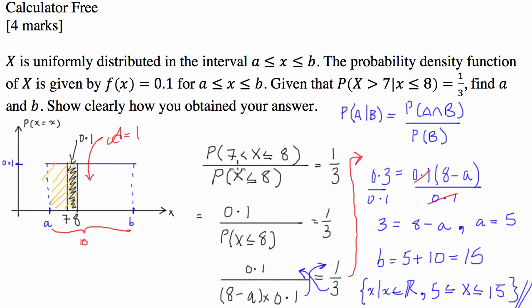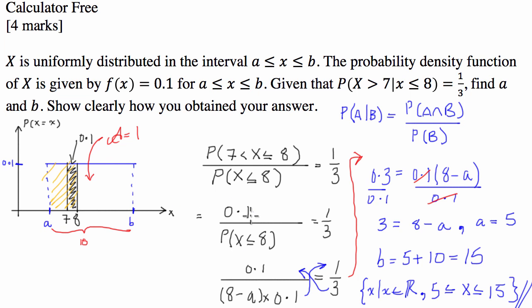Now what we could then do is use the properties of this uniform distribution to know that if the difference of this domain we have in the numerator is just 1, then we can multiply that domain by the function and get what the actual probability of x being between 7 and 8 is, as long as it obviously lies between a and b.